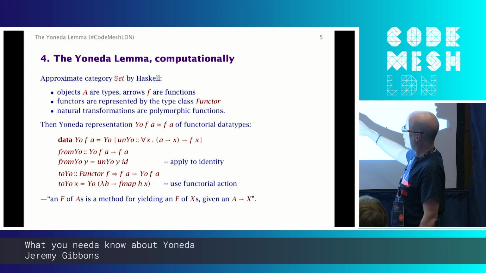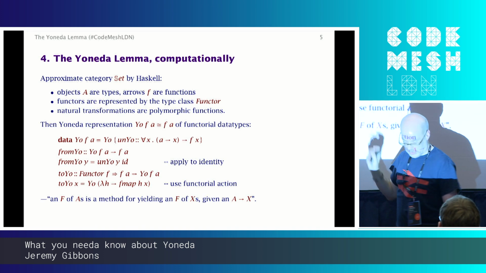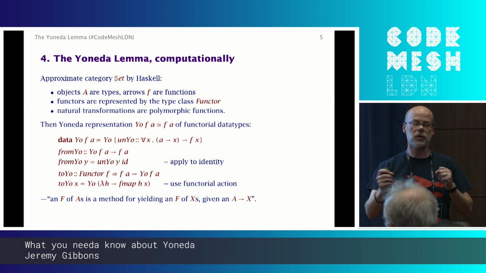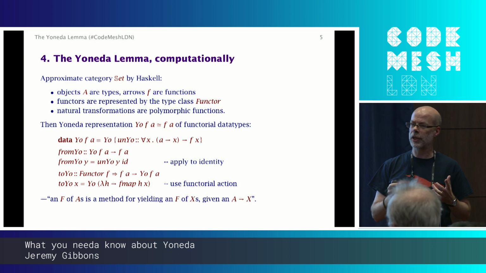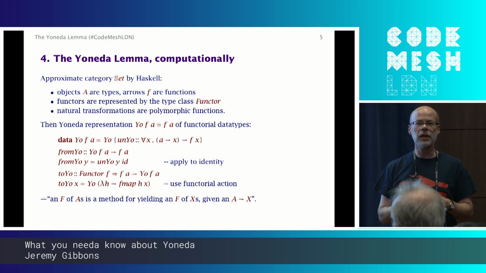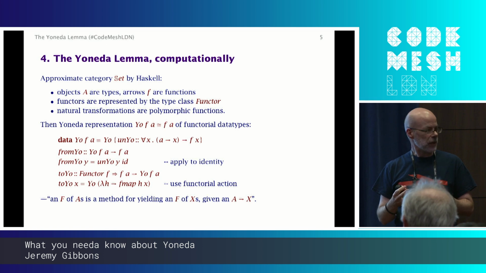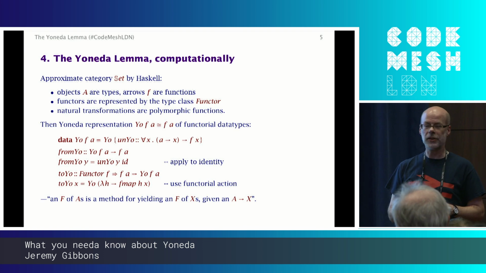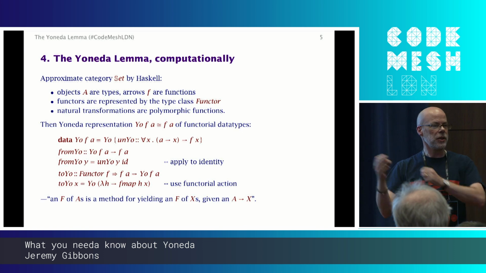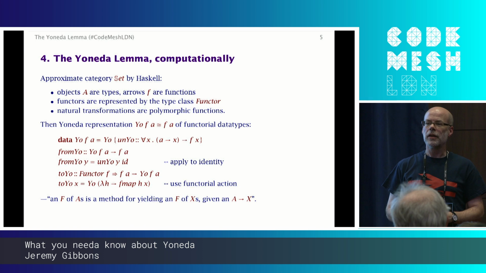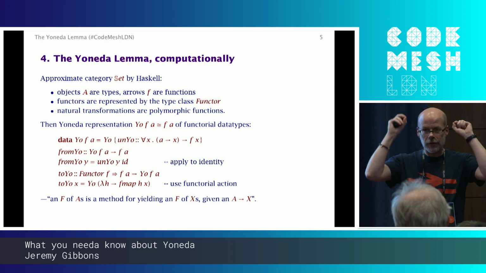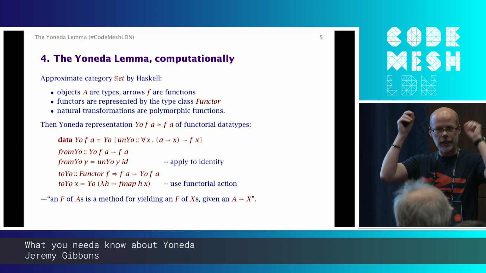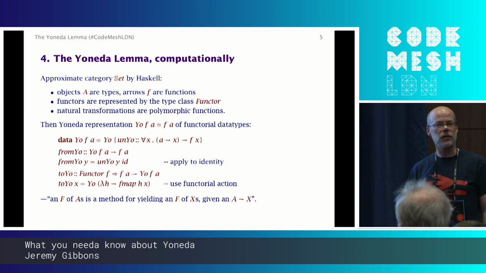And then in the other direction, you use the map, the functorial action. And those two will always crop up as the two halves of an isomorphism in the applications of the Yoneda Lemma. So conversely, if you see yourself having some data and some other representation of that data, and one direction is applied to the identity function in some way, and the other direction is map in some way, then you should suspect your little Yoneda antennae should be wiggling, and you should suspect there's an instance of the Yoneda Lemma in there.